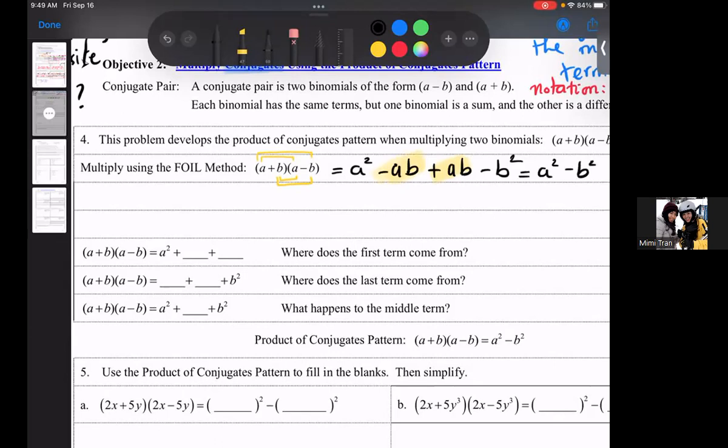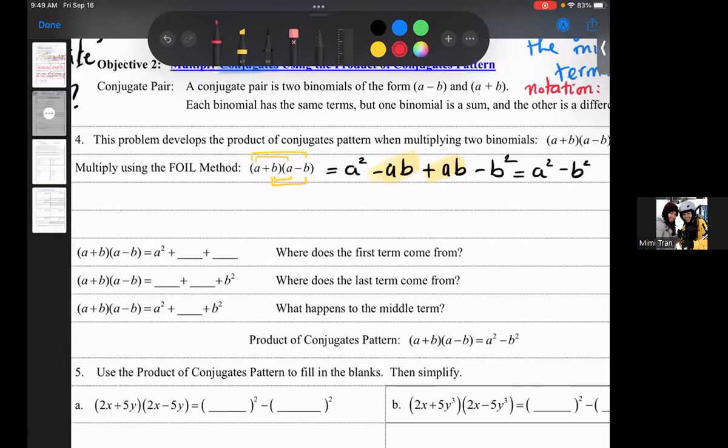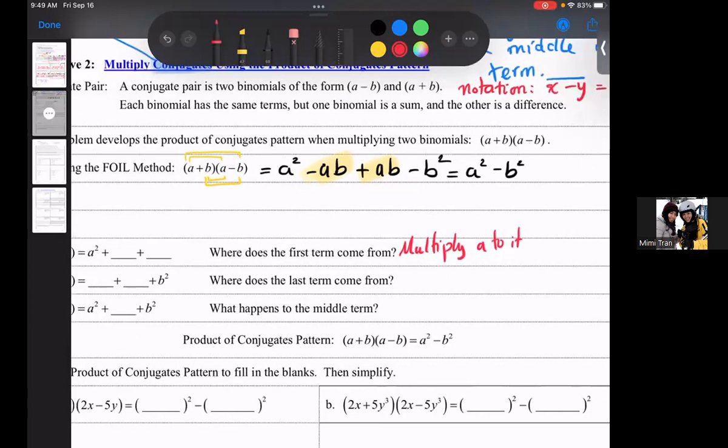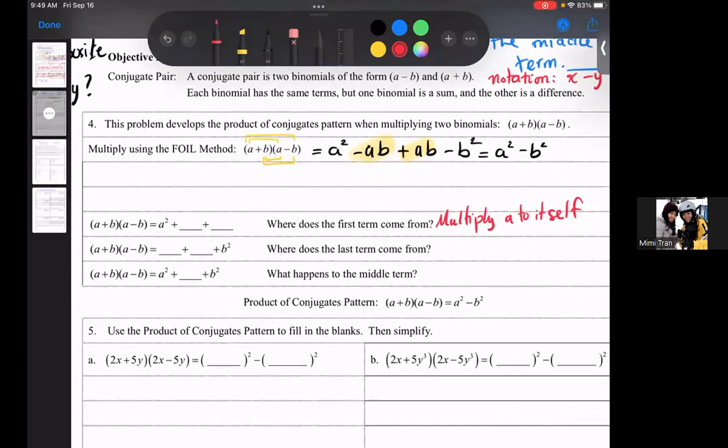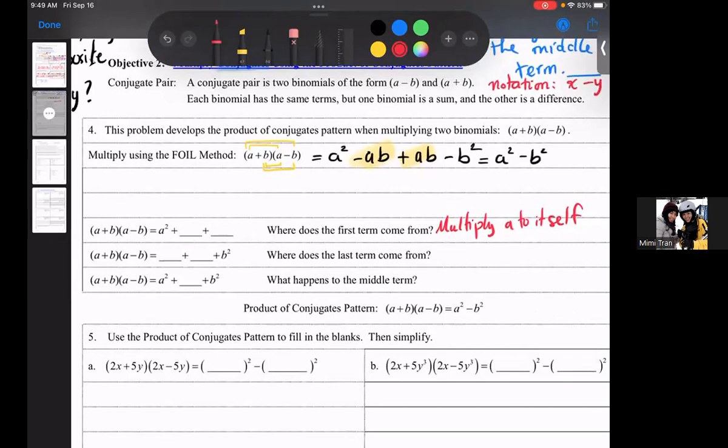Let's go through this. Where does the first term come from? You multiply a to itself. Where does the last term come from? You multiply b to itself. And then where does the middle term come from?